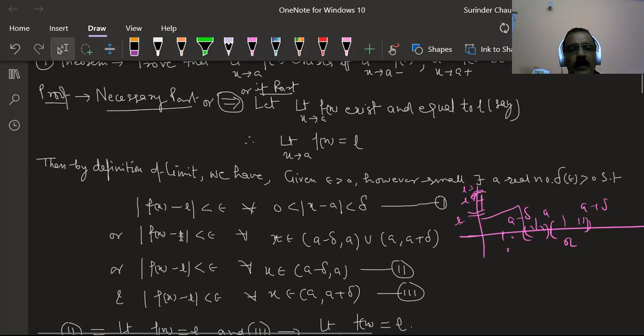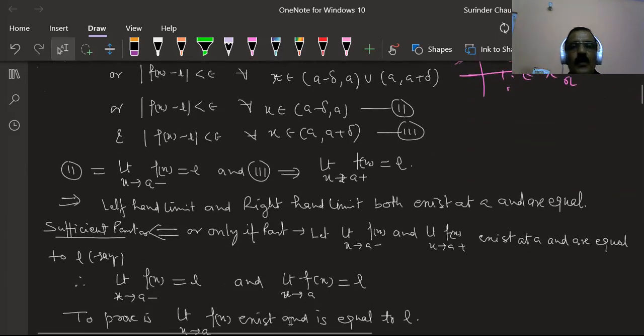So when this holds true for x belonging to this union, therefore this holds true: modulus of f(x) minus L is less than epsilon for all x belonging to (a minus delta, a), and modulus of f(x) minus L is less than epsilon for all x belonging to (a, a plus delta).